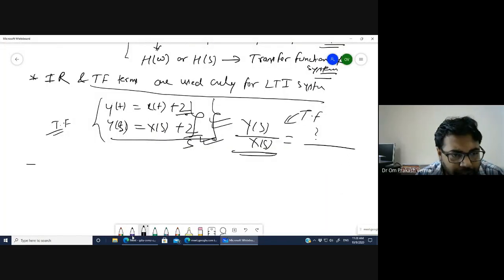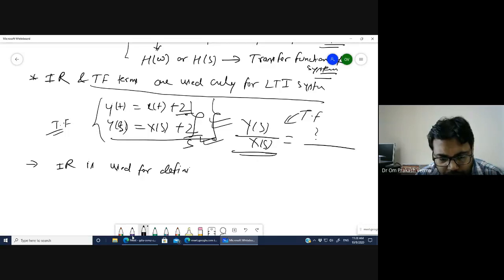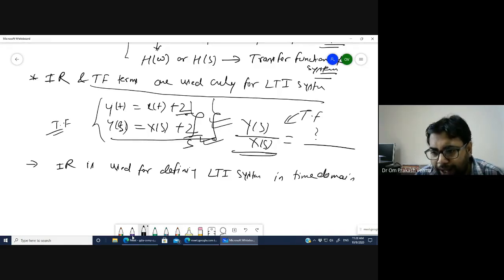Okay, so the second point: the impulse response is used for defining the LTI system in the time domain. If you want to do time domain analysis, then impulse response is perfect for you, right?